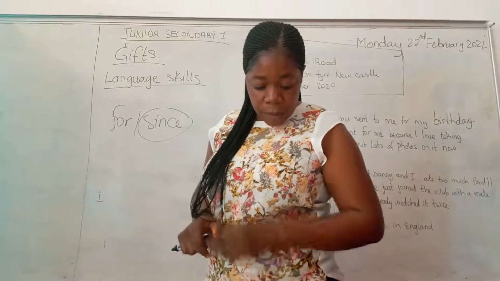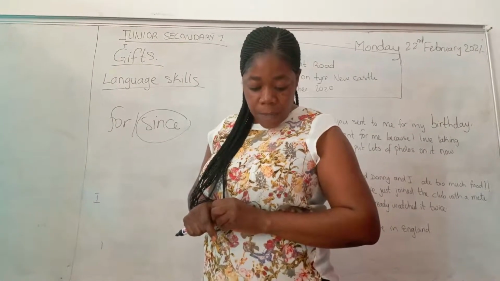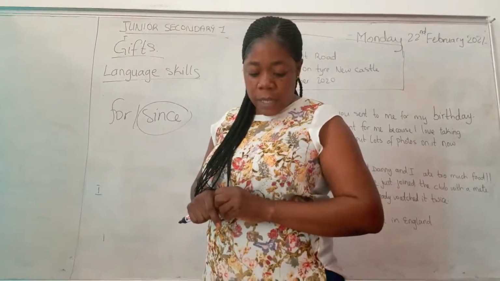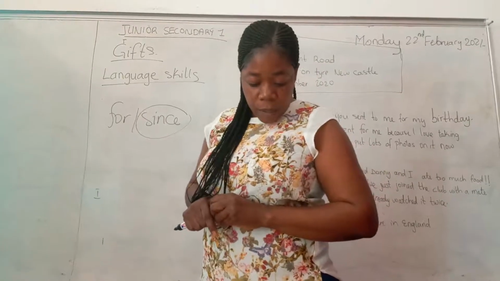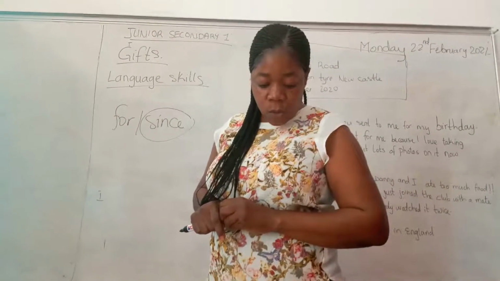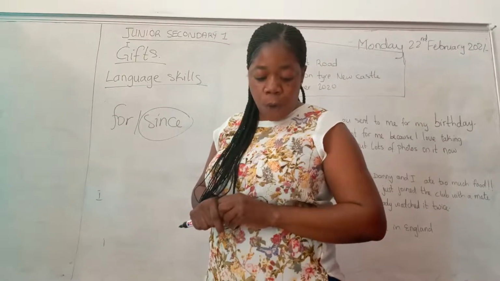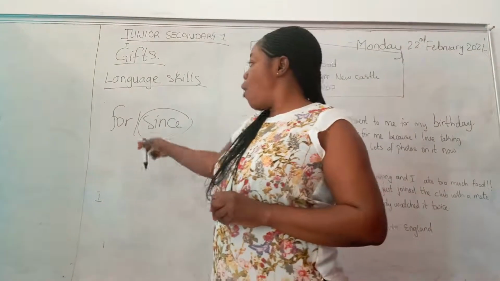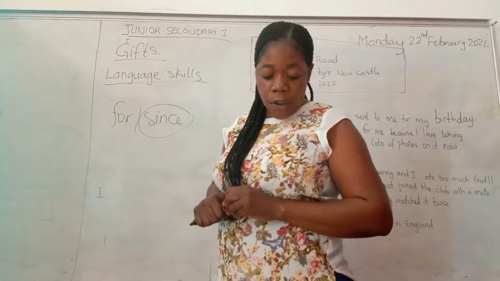Number 3. John: You photograph ancient buildings for a travel magazine, don't you? Kevin: Yes, I do. I've worked for historic buildings magazines for or since 5 years now. For and since, which one is correct? For is correct.